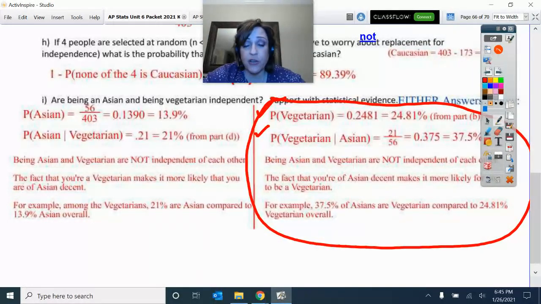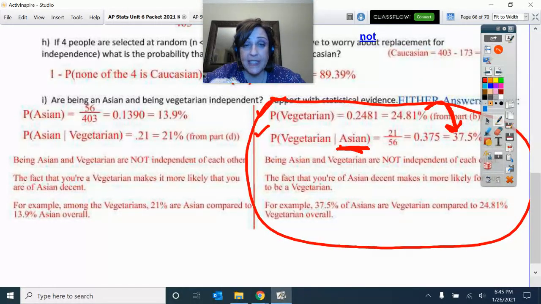So look at what I'm doing here on the right. I'm saying the fact that you're of Asian descent, is that changing the rate at which you are a vegetarian? And so when you do the math, then yes, we can see that given the fact that you are of Asian descent is increasing the probability that you are a vegetarian.